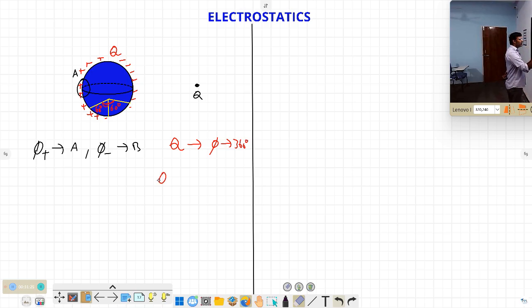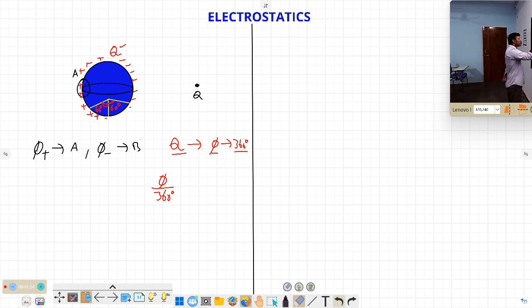We can write that charge per unit degree, that is equal to flux per unit degree, which we can write as phi by 360 per unit degree flux will be present. Total charge is q, total flux is phi. That total flux is contributed in the 360 degrees of the sphere, that is phi by 360 per degree.